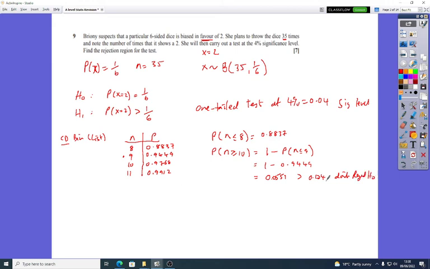The null hypothesis. So let's go for the critical region where you get 11 or more. You just have to try this out, a bit of trial and error here, seeing whereabouts it is. I reckon this one will be the one. So just put it through: 1 minus the probability of n being less than or equal to 10.